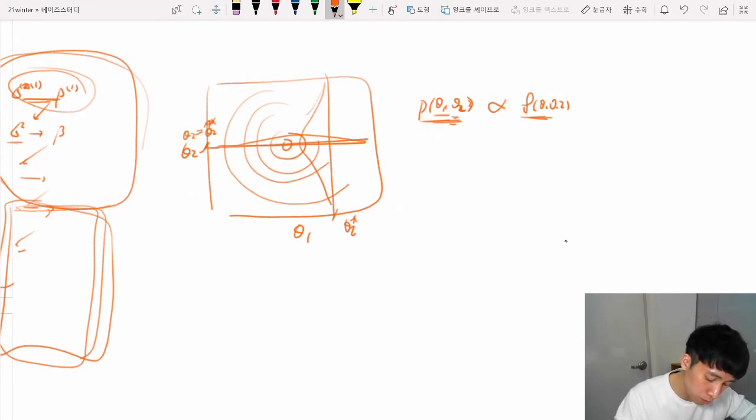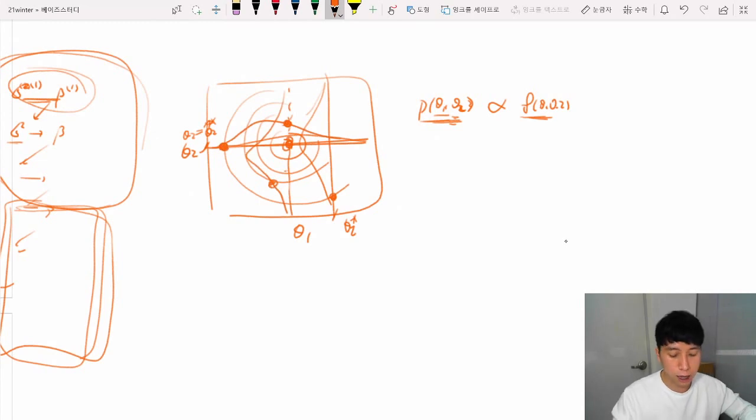If you start from somewhere around here and sample the value of theta 1 with this information, and then at this specific point sample from the full conditional probability, then you can safely assume that if you do this kind of zigzag mountain climbing long enough, you would have been through pretty much all the significant areas of the mountain, so that you can draw a map of the entire mountain.